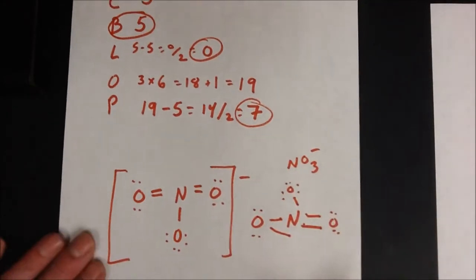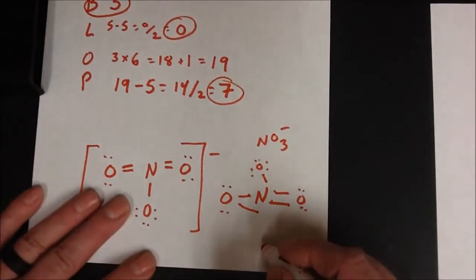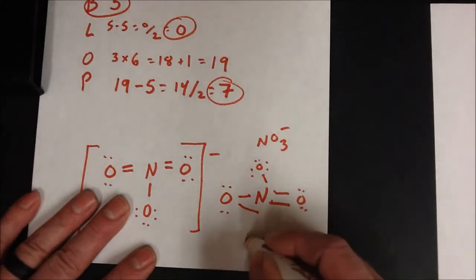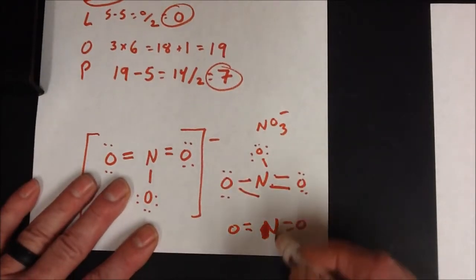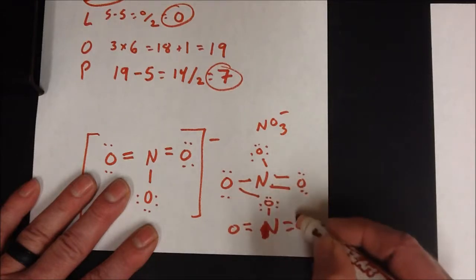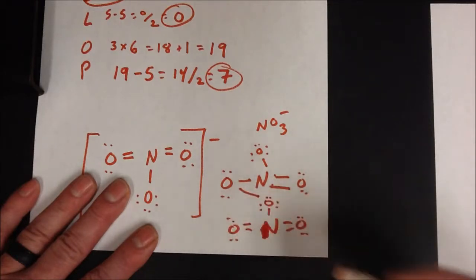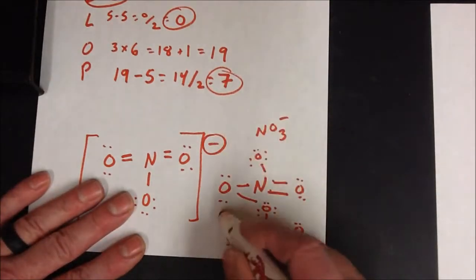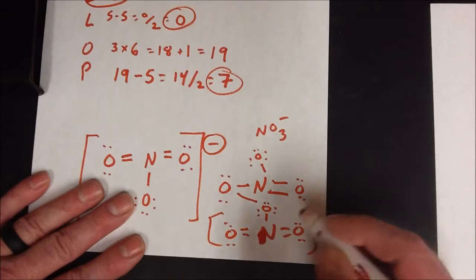I know that drawing's kind of rough because I started there with a dot diagram, but again, it's going to look the same way. We're going to have this central nitrogen, double bond to an oxygen, double bond to an oxygen, single bond to an oxygen, lone pairs like such. And there's a quick check for this as well. It has to do with looking at the charge that we have outside of the brackets when we're done.